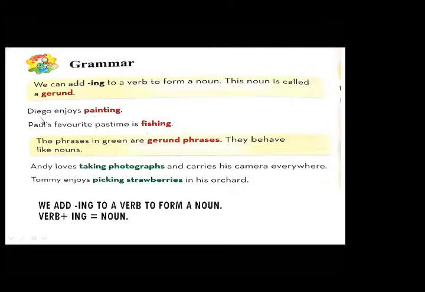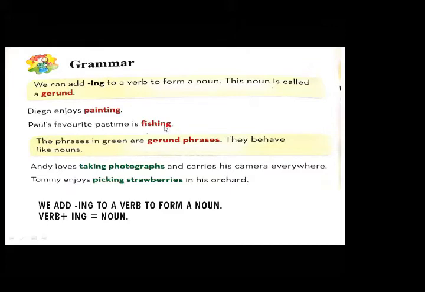So here is the example. Diego enjoys painting. Paint is a verb. When we add ing, it becomes a noun, so it becomes a gerund. Paul's favorite pastime is fishing.